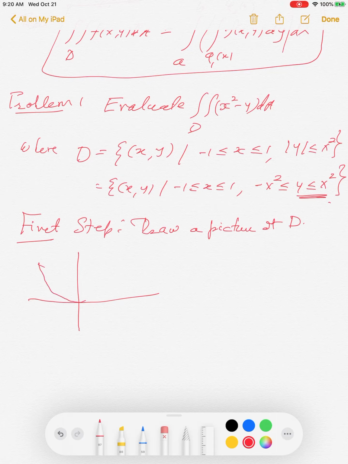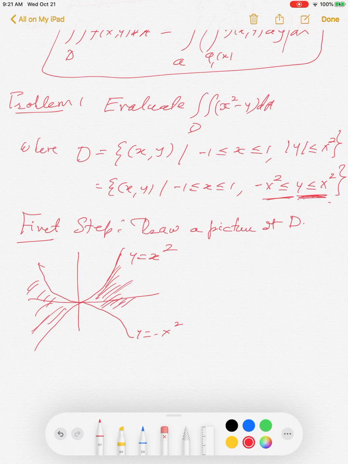Y equal to x square is a parabola. The other curve is also a parabola, y equal to minus x square. And what you are looking for is the region y less than or equal to x square, the region below this parabola. And the other region is the region above this parabola. So this is the region that we want. And your x is going between -1 and 1.